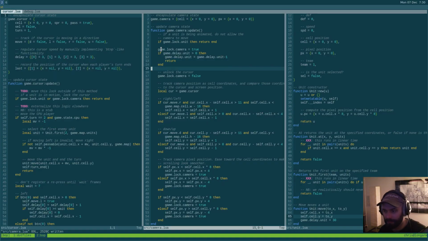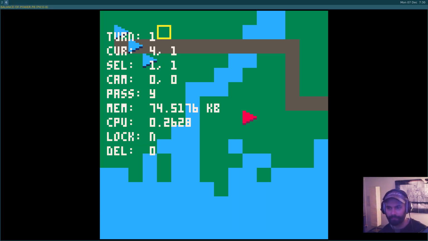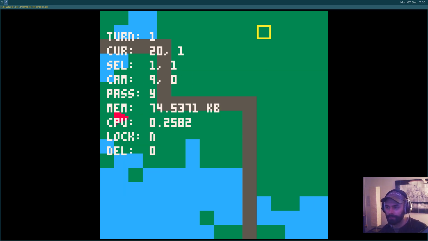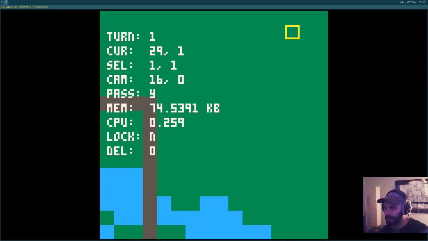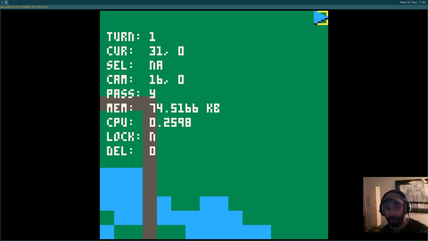Let's make that delay value 60 just to kind of experiment. So we move our guy, there's a pause, we go to the CPU, there's a pause. Okay, now the CPU, it looked like, what did it do?